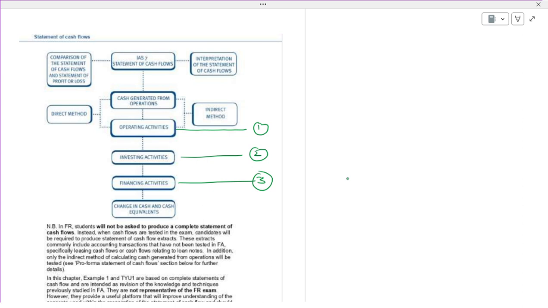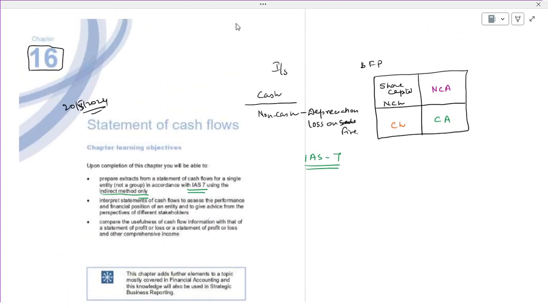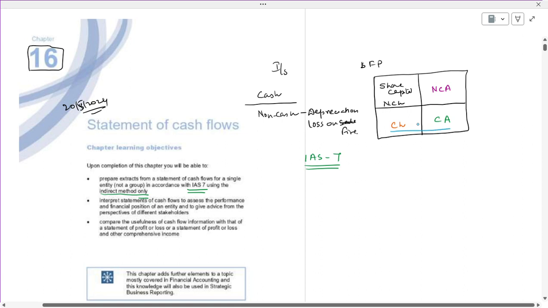Operating activities are related to current assets and current liabilities, and also to the income statement.